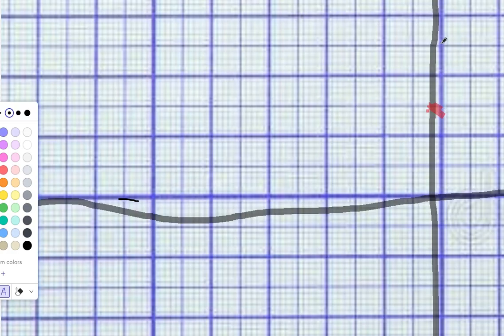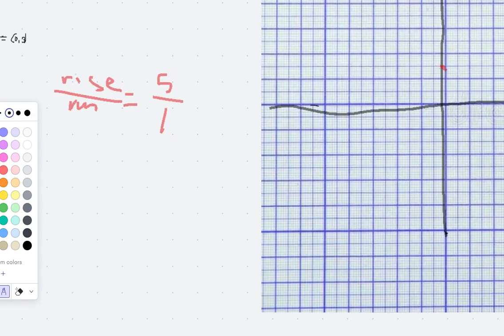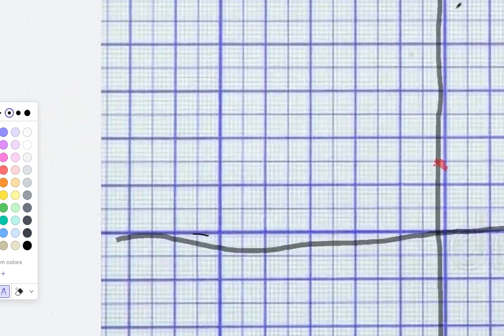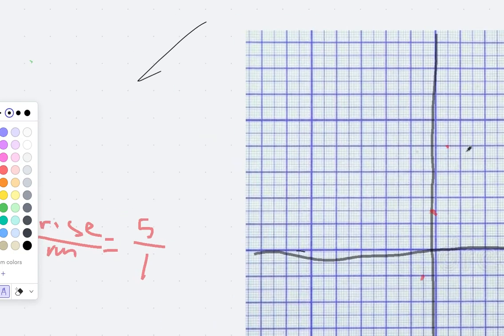So 1, 2, 3, 4, 5. Let me make the graph a bit bigger. And we could draw the graph the other way too.